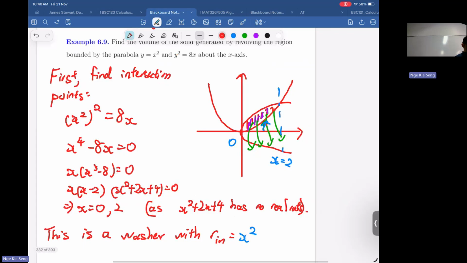And then R out is controlled by, R out is a bit trickier. R out is controlled by what? Can you express it as y equals something?